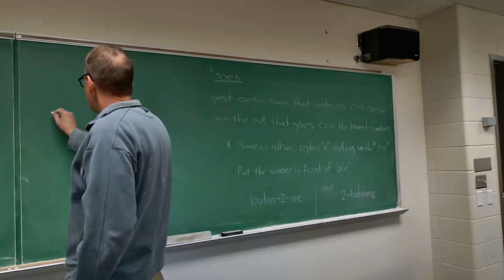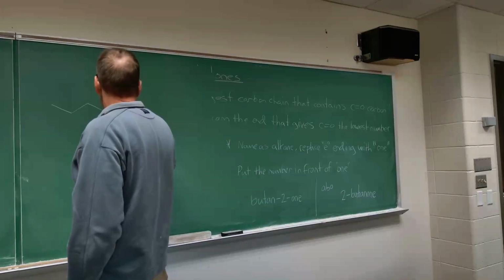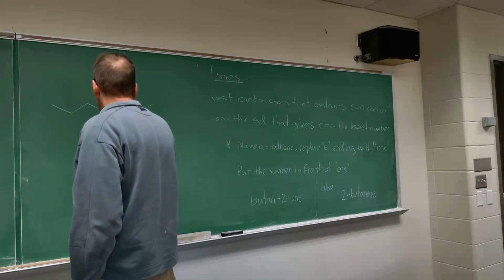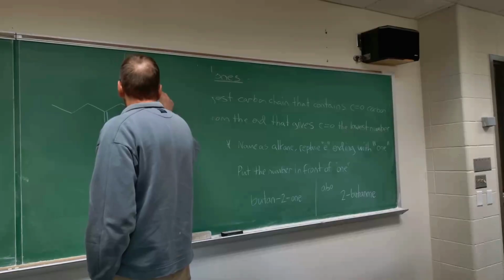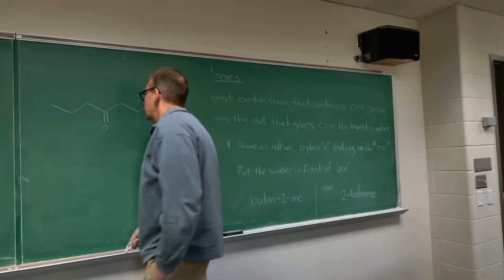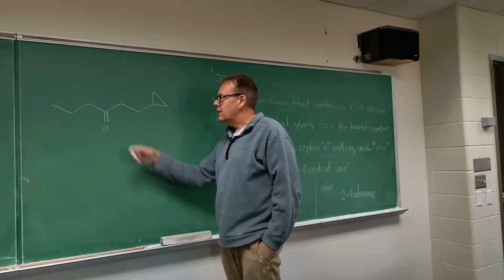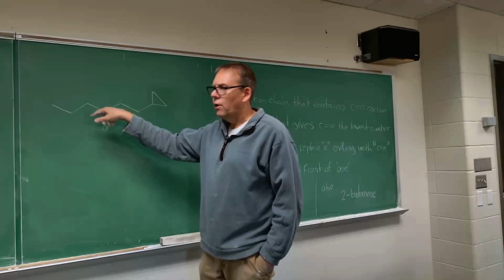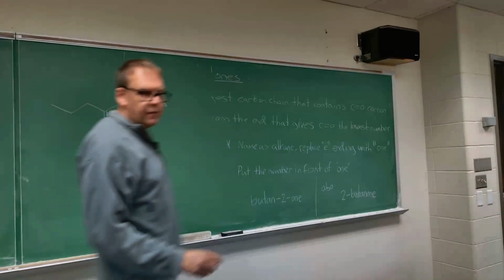So if you saw this, for example, this crazy thing. Yeah, it's got a ring and it has a ketone. But if you look at it, the biggest part of this is the chain, and really the most important thing though is the carbonyl is associated with the chain and not the ring.